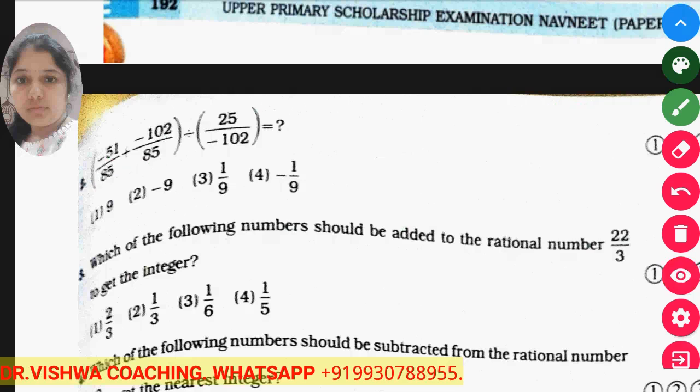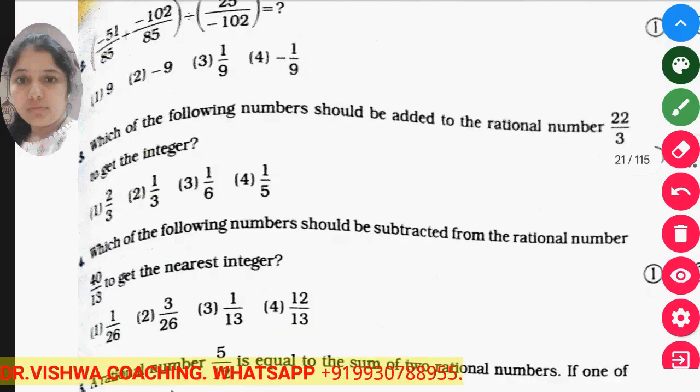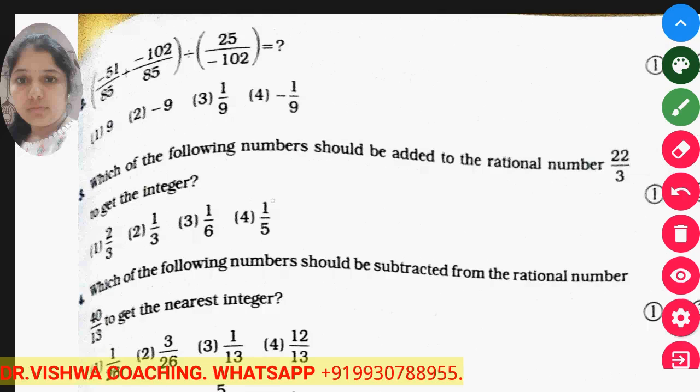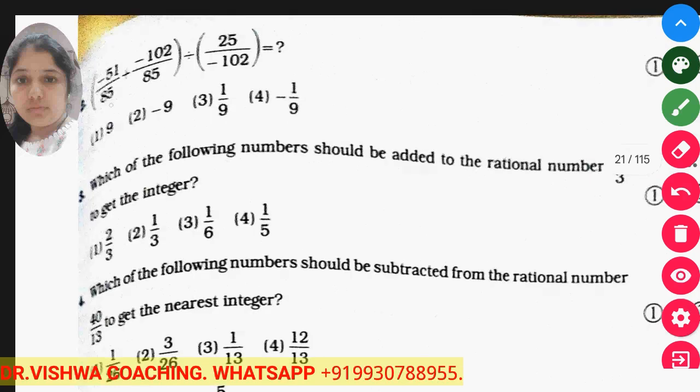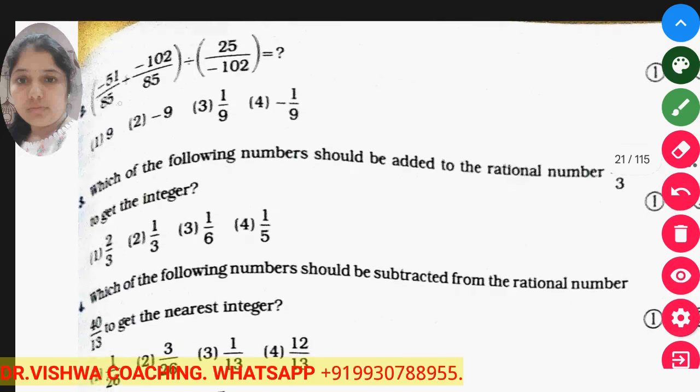I will explain it after some time. Because it cannot be divided. 17 threes are 51. 17 fives are 85.